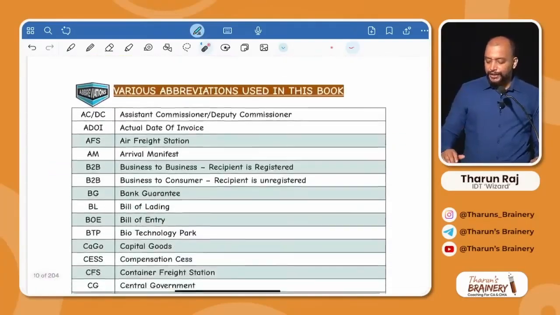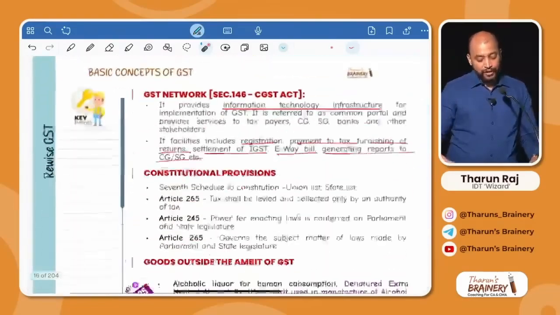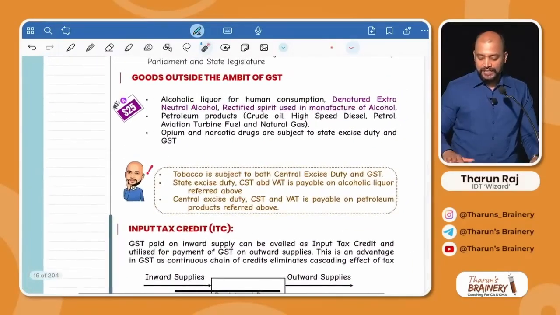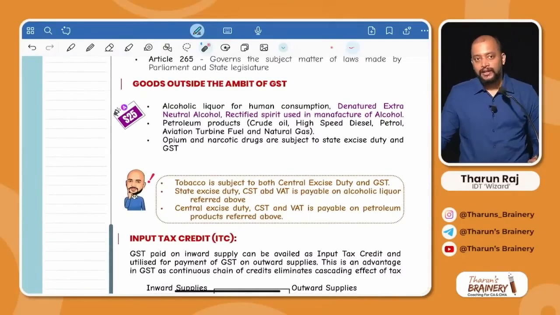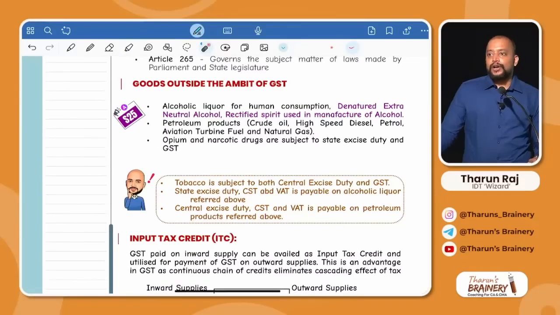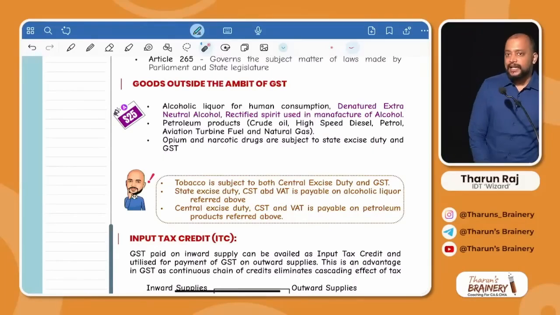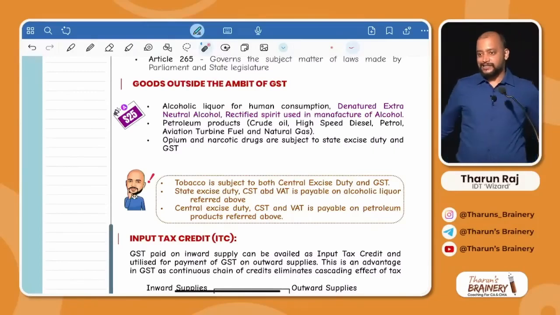And now we need to understand this particular point which we are discussing is not an amendment for May 25 exam. How many of you are appearing for September 25 here? Okay, fine. And rest of you all for May 25, correct? Listen, suppose if you get in exam denatured extra neutral alcohol, what will you write?